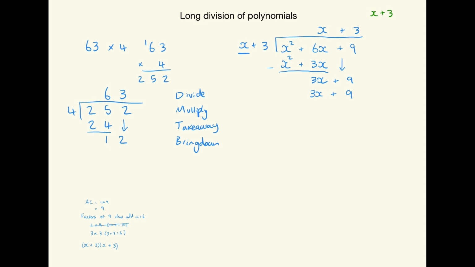So 3x plus 9, take away 3x plus 9, well, that's just going to give us nothing, or 0. We've now completed our problem. And look at that. x squared plus 6x plus 9 divided by x plus 3 is x plus 3. And that is exactly what we predicted, because we know x plus 3 multiplied by x plus 3 does give us x squared plus 6x plus 9.